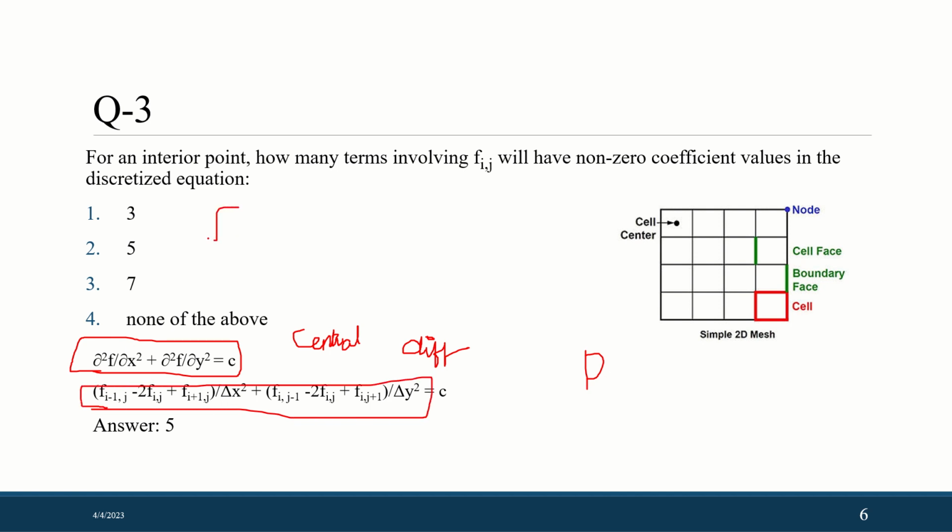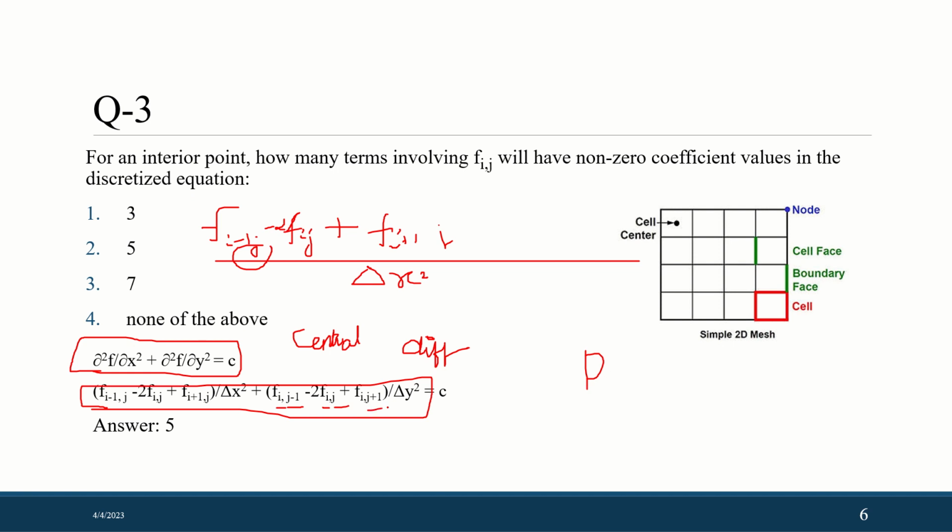That is, for f we will be using f(i-1,j), keeping j constant, minus 2f(i,j) plus f(i+1,j), divided by delta x squared. Similarly, here we are keeping j constant, whereas when we are going for the y derivative, we will have i constant and j varying from j-1, j and j+1.